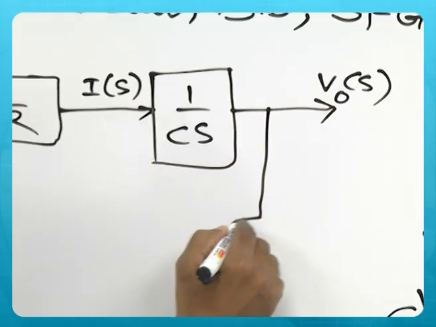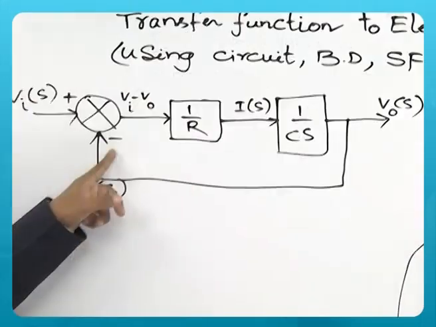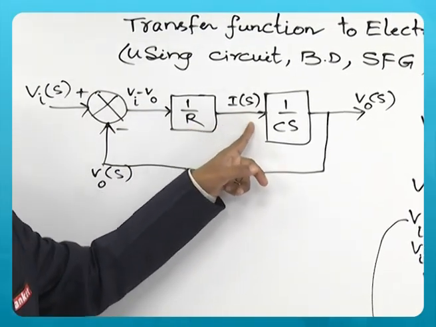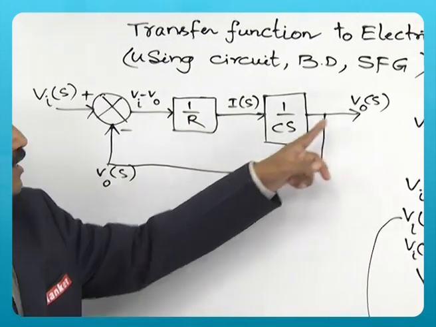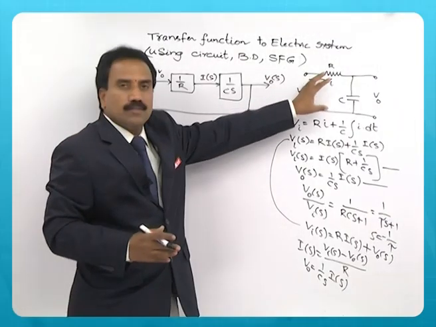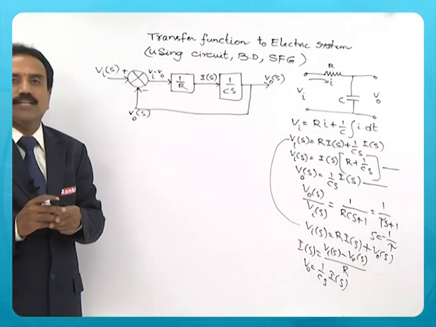This is the feedback you have here. The difference is multiplied by this block to get the current, then multiplied by this block to get V0. So this is the same circuit, but the equations are represented in the form of a block diagram.